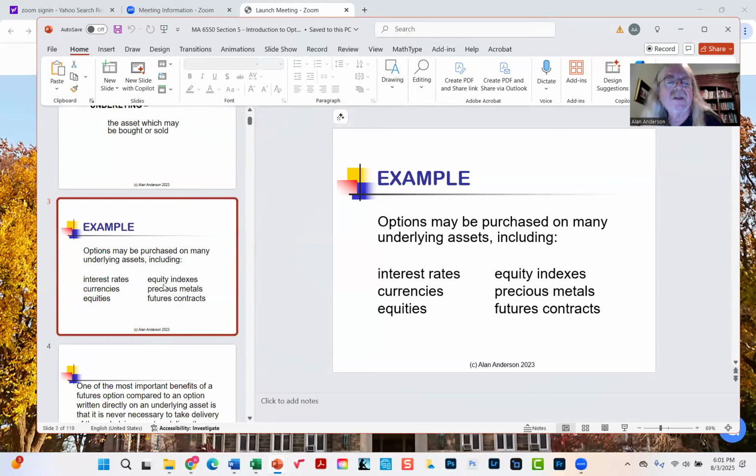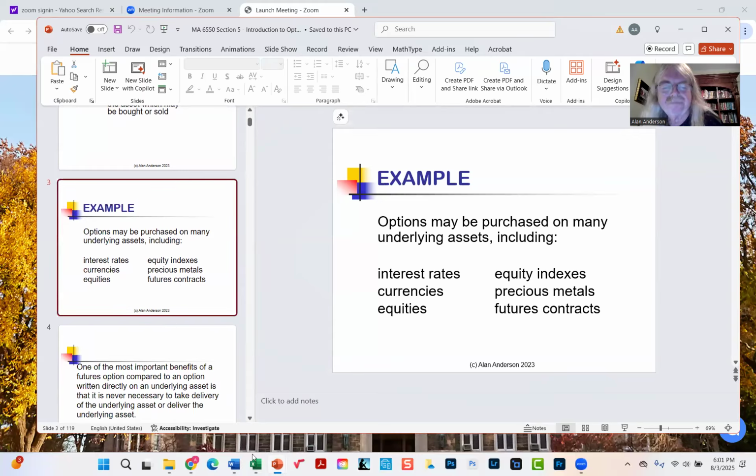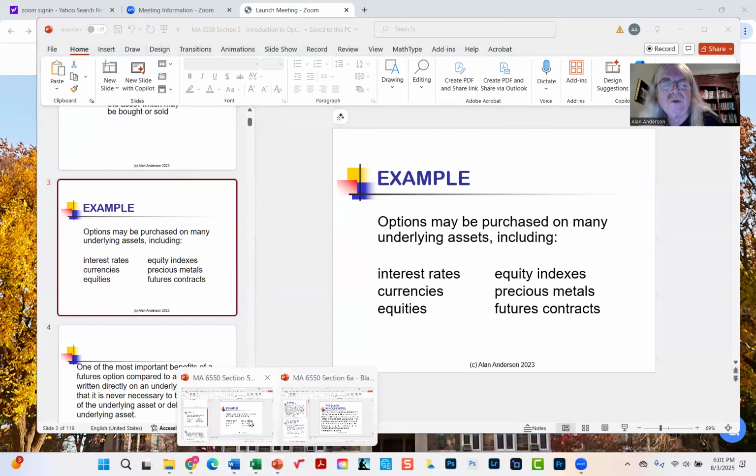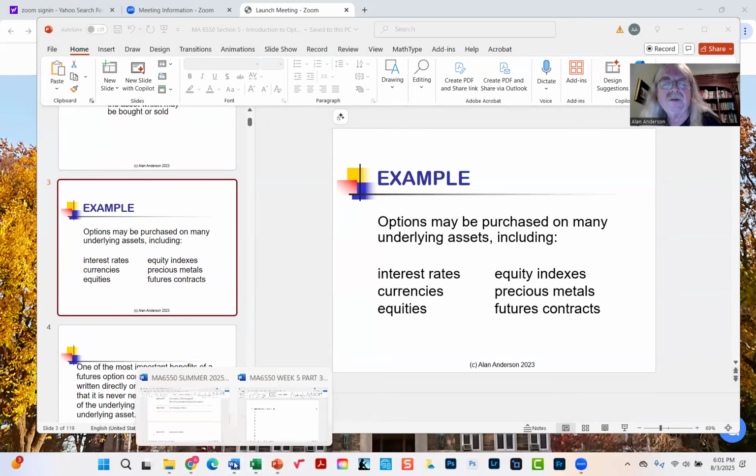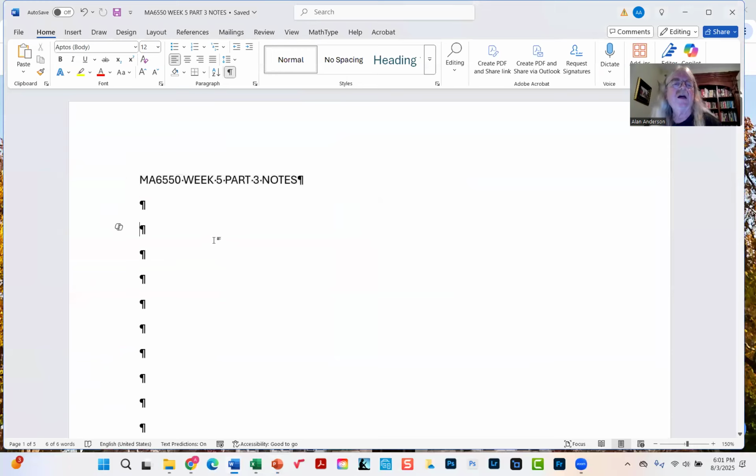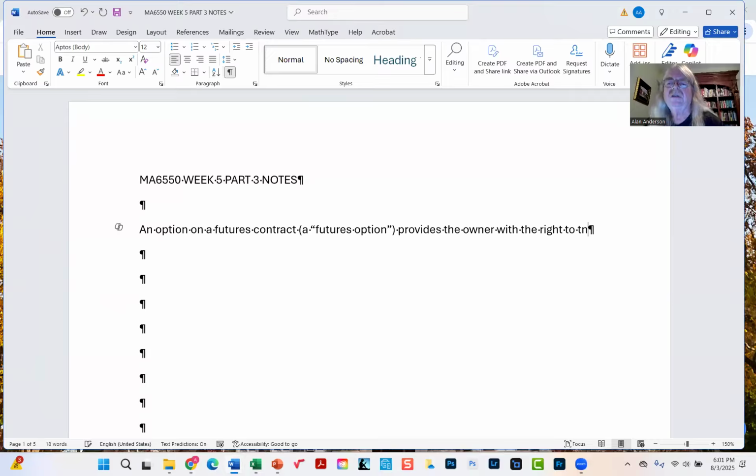Well, what's actually happening there is that you're buying the right to enter into a futures contract with a specific price. Okay, so in other words, an option on a futures contract, which by the way is known as a futures option, provides the owner with the right to enter into a futures contract.